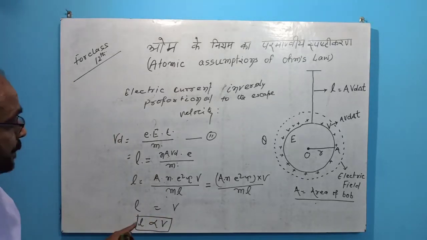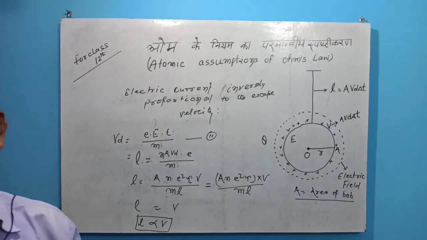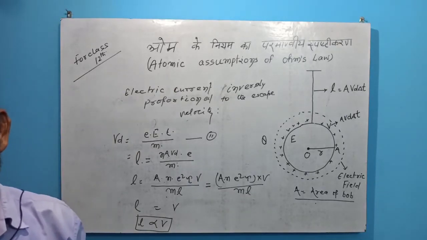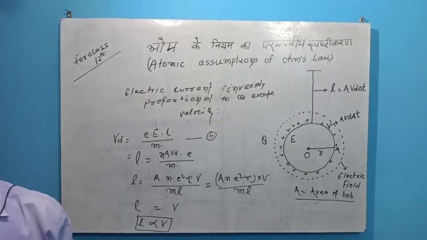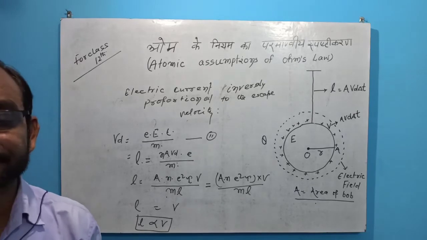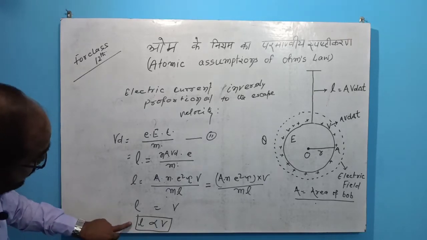According to this resultant of atomic explanation of Ohm's law, which stated that the length of conductor or a bulb is directly proportional to the escape velocity.